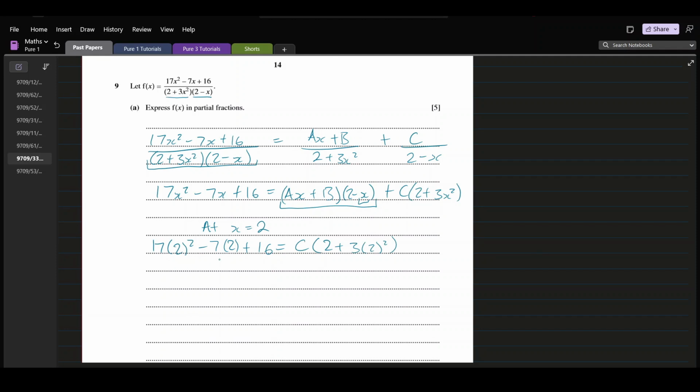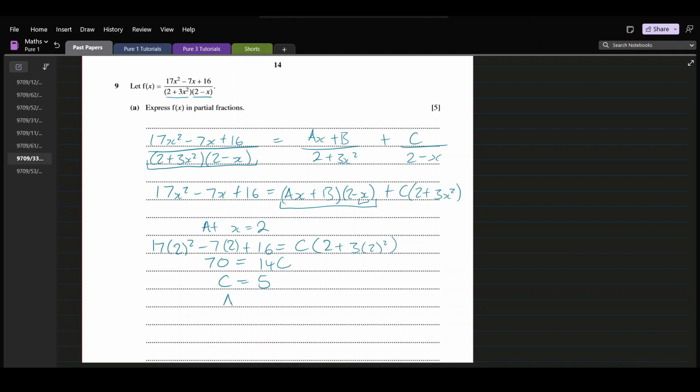Let's punch the left hand side into a calculator: 17 times 2² minus 7 times 2 plus 16 gives us 70, and that's equal to c times (2 + 3 times 2²). So that's 3 times 4, which is 12, plus 2, which is 14. So you've got 14c. Divide both sides by 14. So 70 over 14 gives us 5.